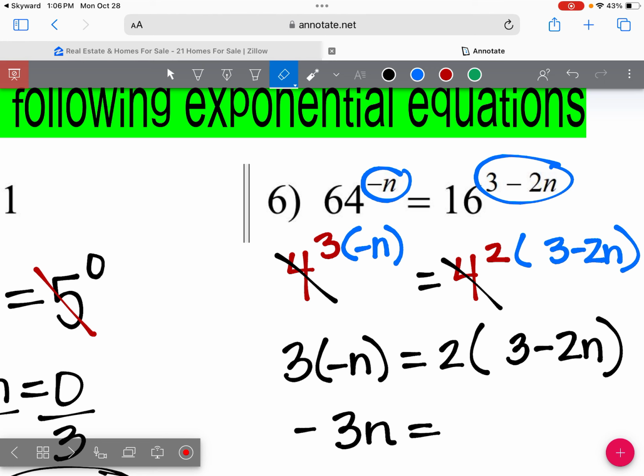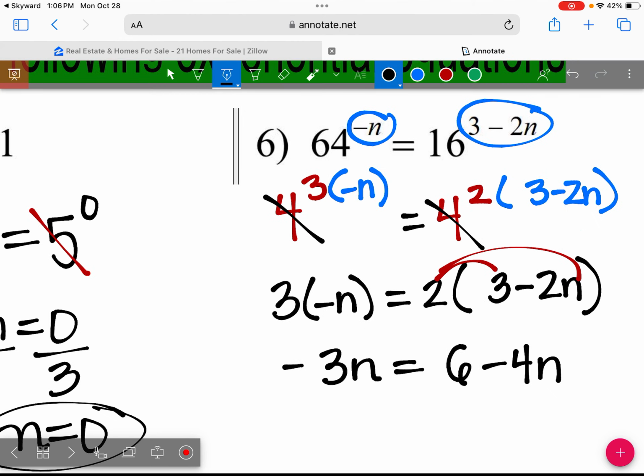Okay, and now on the other side, let's distribute the 2. And that's going to give you 6 minus 4n. Go ahead and solve that for n.